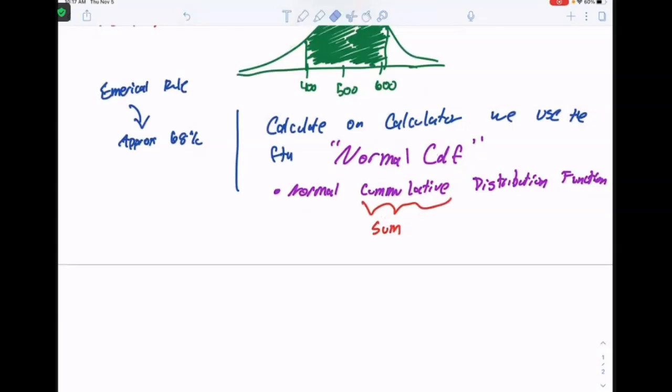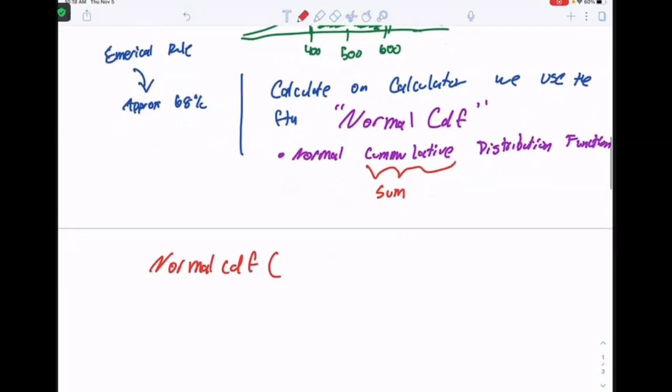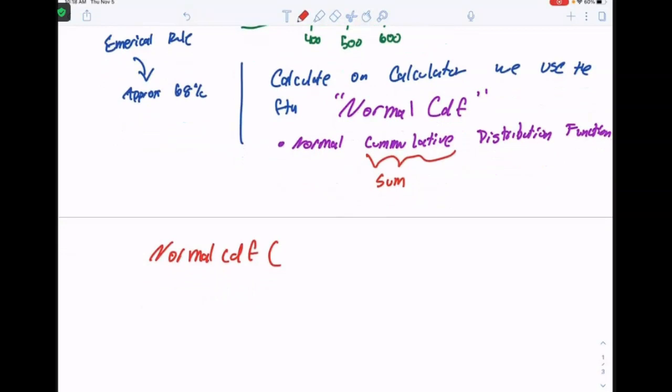Now, typically to find normal CDF on a graphing calculator, there are two ways to do normal CDF. Normal CDF takes in the z-scores, the left z-score, then the right z-score, and we can do it like this.